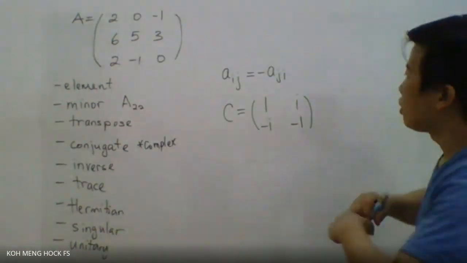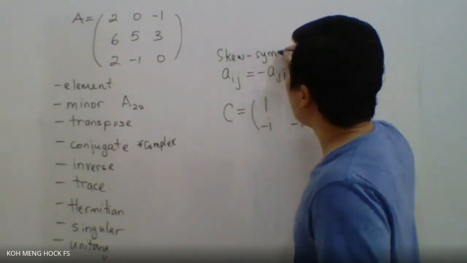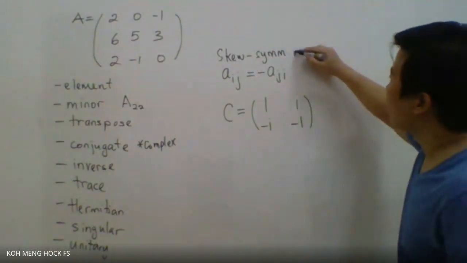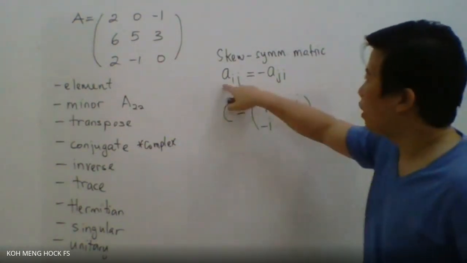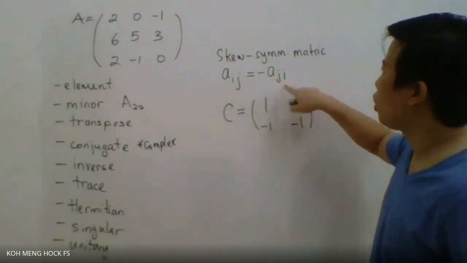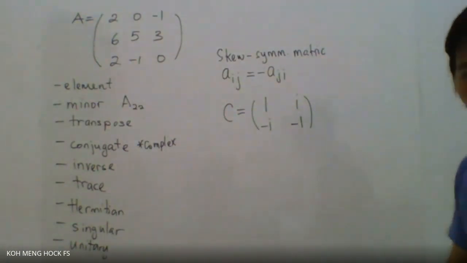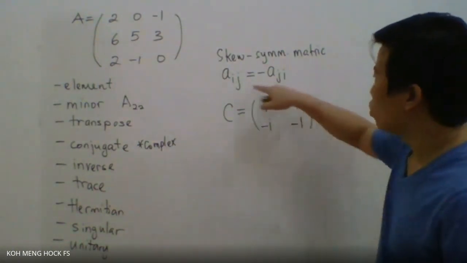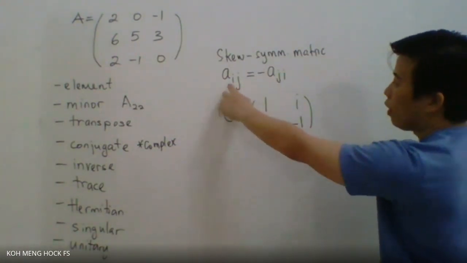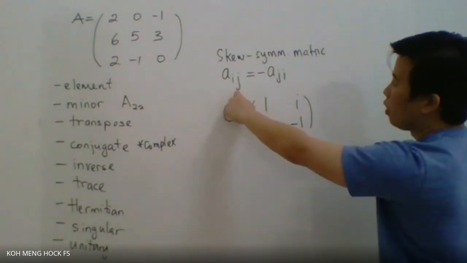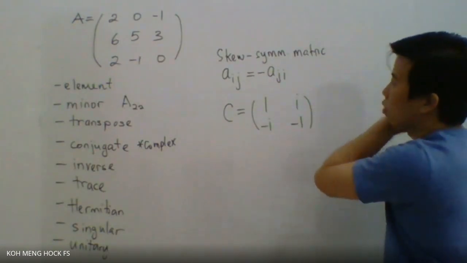Okay, so a skew symmetric matrix is when you have Aij equals minus Aji. So for Ij, you change the row and column, which means you transpose the matrix, and then you want to make sure that these two are the same. So here, if you have 1 1 and you change, you still have 1 1, so there is no big deal.